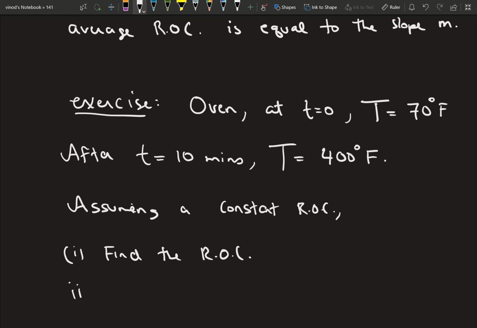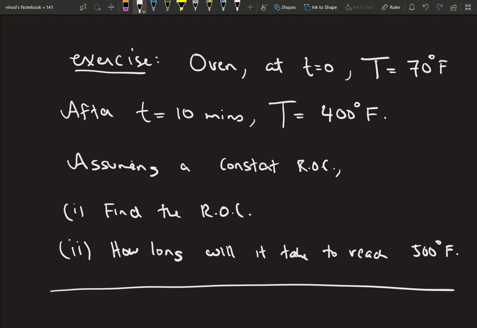And part 2 is going to be, now that we know that there's a constant rate of change, how long will it take to reach 500 degrees Fahrenheit?